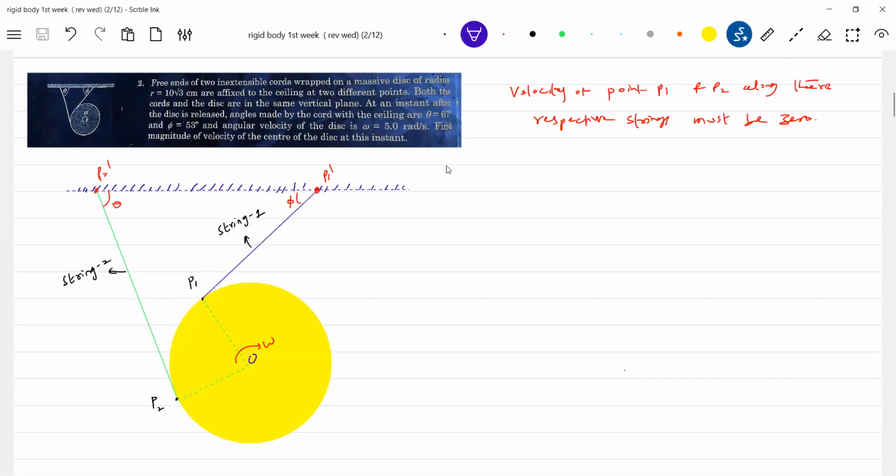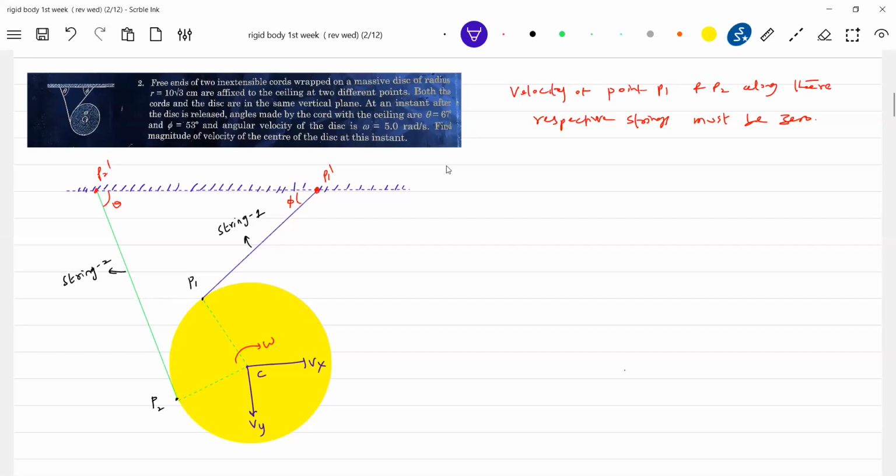So how do we still find the velocity? Let me use C. In what possible direction can this particular center of the disk move?